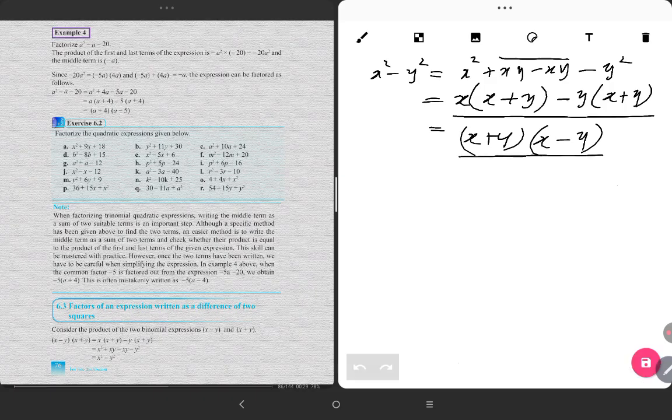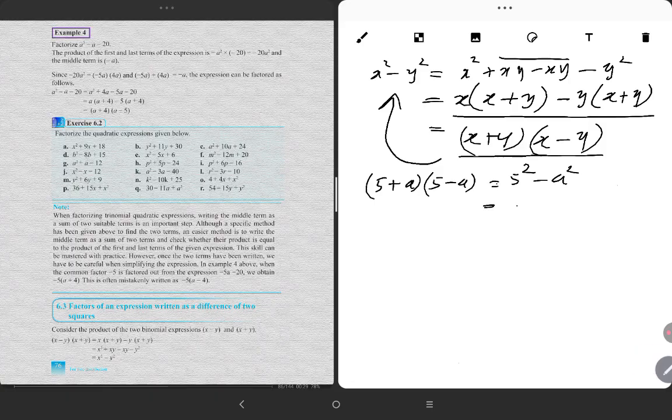When you see something like this, you can get to this. So for example, if somebody gives you 5 plus a and 5 minus a, you can easily write this as 5 square minus a square. You should remember that. Which is 25 minus a squared, right?